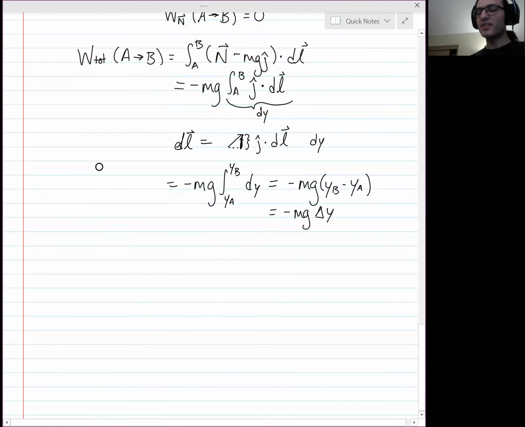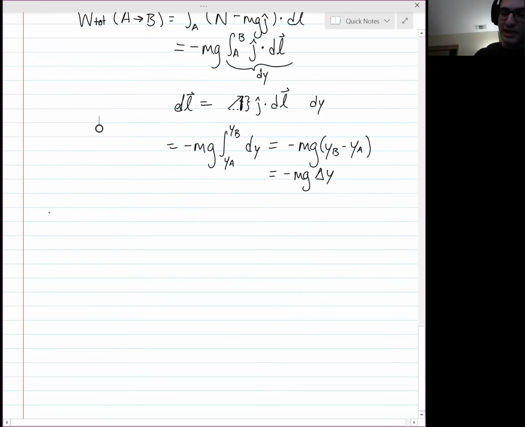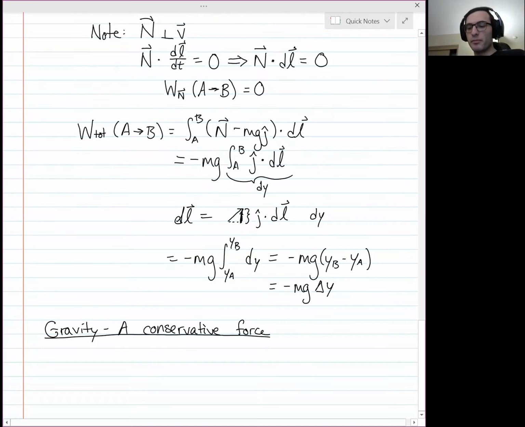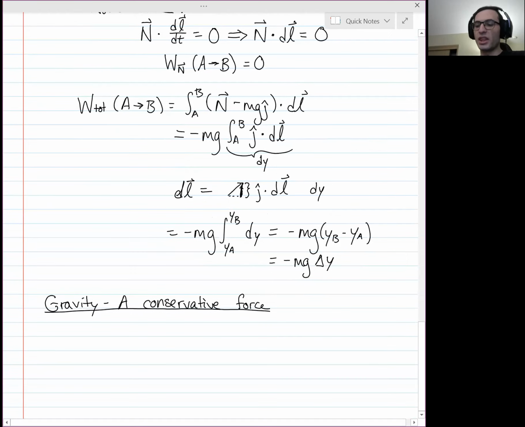Right, so this easily leads us to the idea of a conservative force. Gravity here is indeed a conservative force. Let's back up a little bit and think about how that integral worked out to be, that should actually be a delta y, because it's the integral of dy.